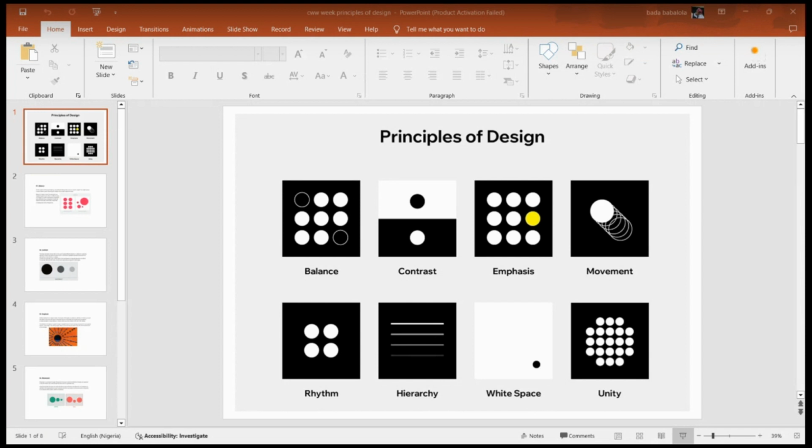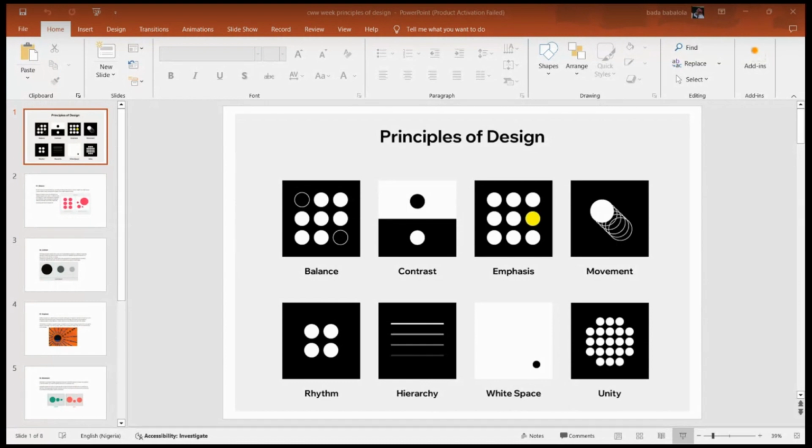That means the six of them share the same size, and they are balanced. Now, the second one, you see that one is big, one is bigger, one is large, and one is a little bit bigger than all of them. The two of these images are balanced.